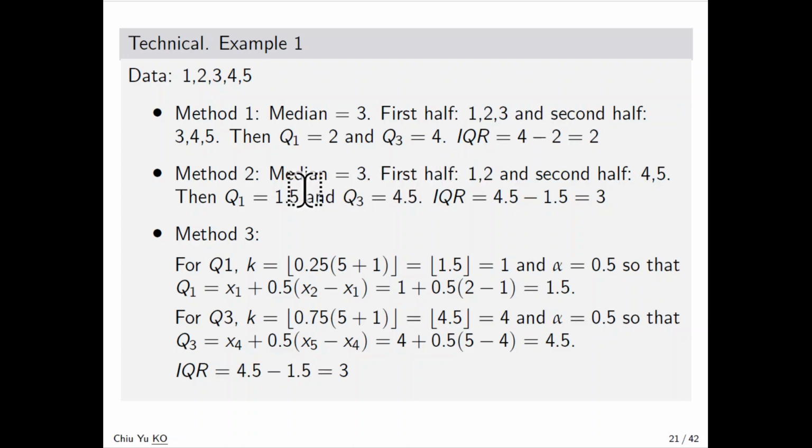The second method, again, we find the median, 3. But now the median should not be included in the halves. So the first half is 1 and 2, and the second half is 4 and 5. For 1 and 2, the median will be the average of these two numbers, which is 1.5.